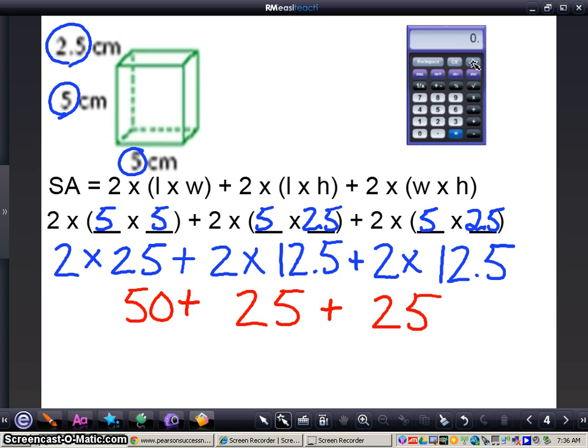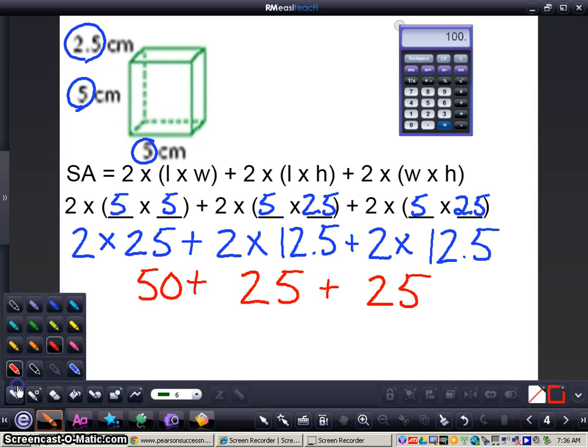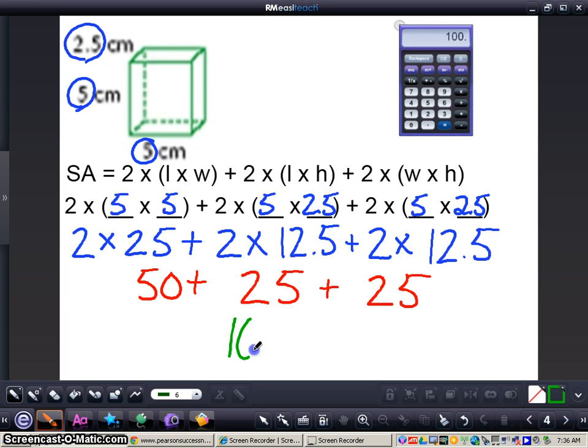Whenever I'm punching in a lot of numbers, more than 2, I like to do it 2 times just to double check. 50 plus 25 plus 25 gives me 100. So I'm going to write this as my answer. This is my surface area. So 100. Now I need to label this properly. 100 what? Centimeters squared. And that is the surface area of my rectangular prism.